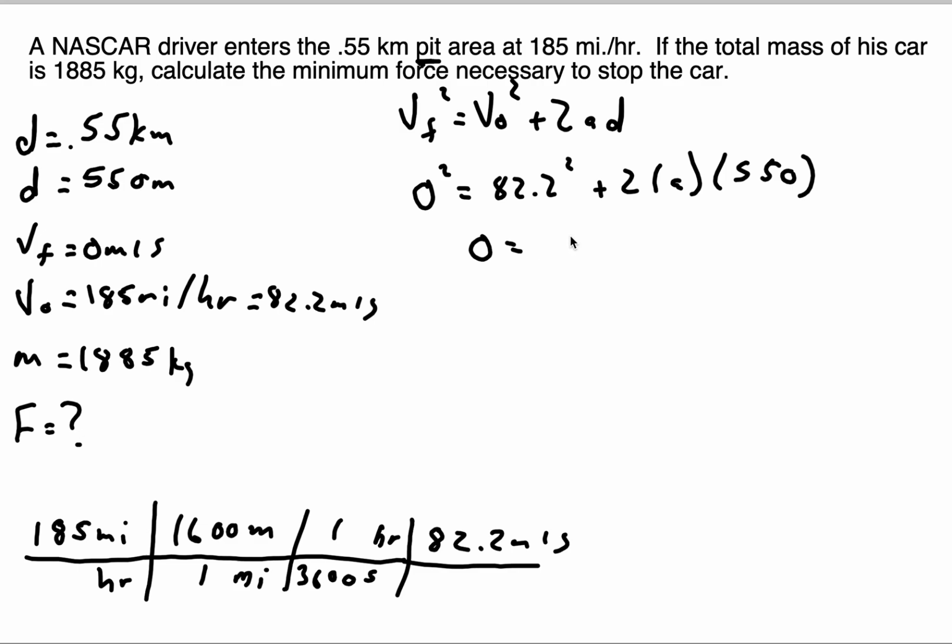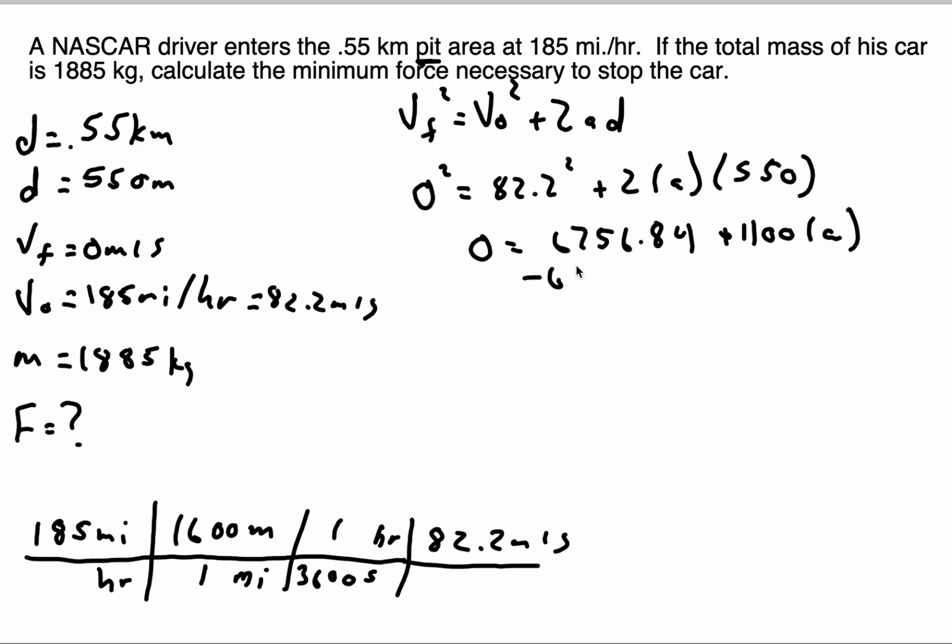Okay. So then 0 squared is 0. Can someone tell me what 82.2 squared is? 6,756.84. Okay, so it's 6,756.84. 2 times 550 is 1,100 times A. So then, this is being added right now.